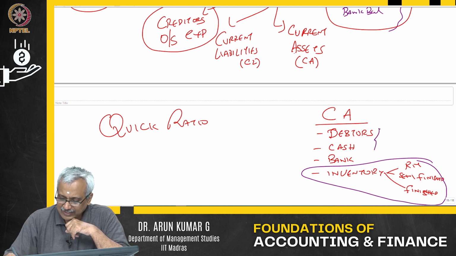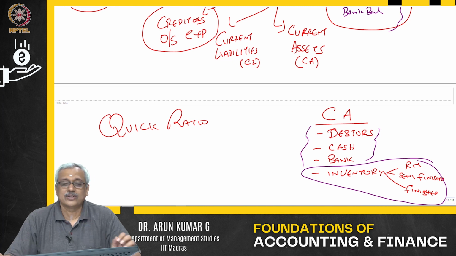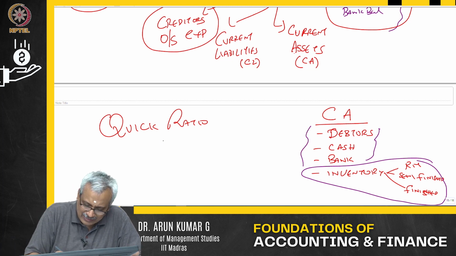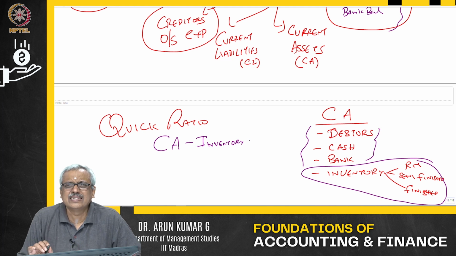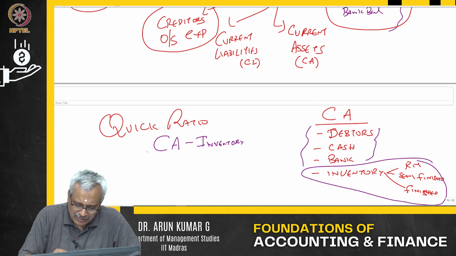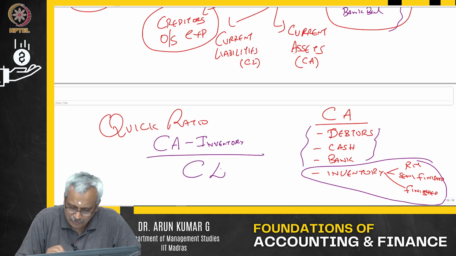So what is the asset which is easier to convert? What is the quick ratio? It is all the current assets minus my inventory. Normally in this case, inventory means raw material and semi-finished goods or work in process. They may not include finished goods, but let us keep it as inventory, divided by my current liabilities.